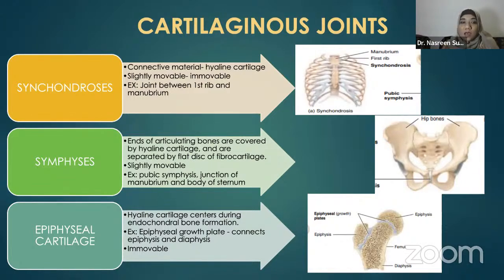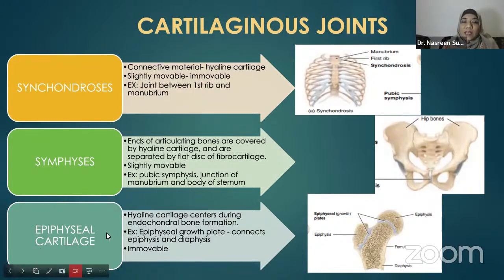Now this hyaline cartilage is again separated by fibrocartilage, a small flat disc of fibrocartilage. They are covered by hyaline cartilage, and again they themselves are separated by fibrocartilage. That is the structural difference between synchondrosis and symphysis. They are also slightly movable. Pubic symphysis is the best example for the symphysis.